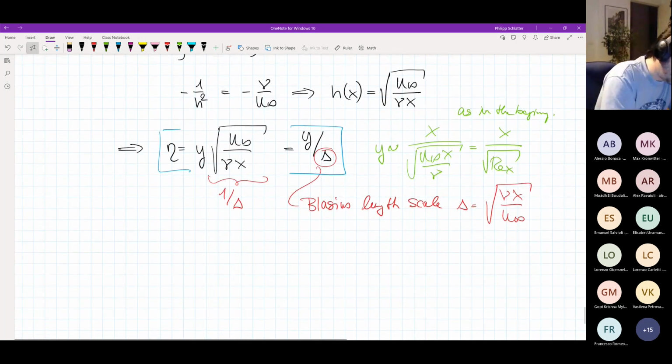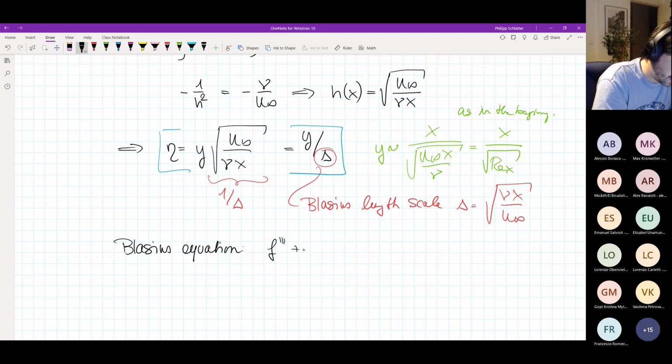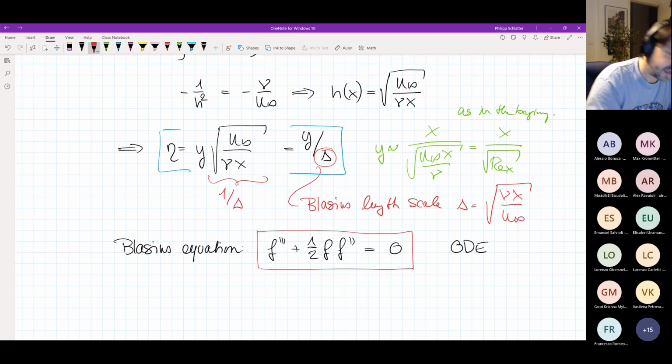So that means we also get the so-called Blasius equation, which is simply f triple prime plus 1/2 f times f double prime is 0. And this is an ODE written in terms of the similarity variable eta. So f is a function of eta.